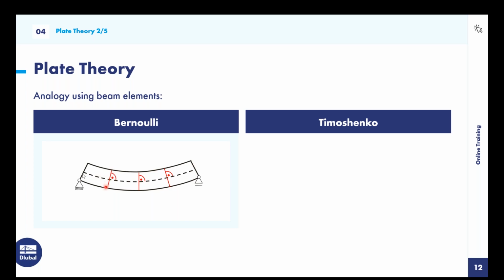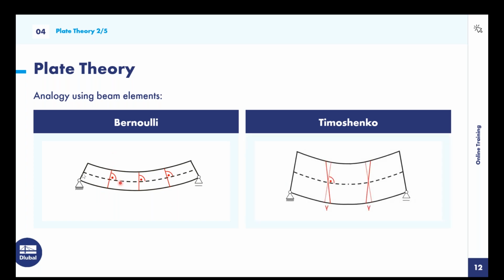With the Timoshenko theory, here we have an increased angle. This will lead to additional shear deformations and shear stiffness, and the reason for this is because we consider shear stiffness.